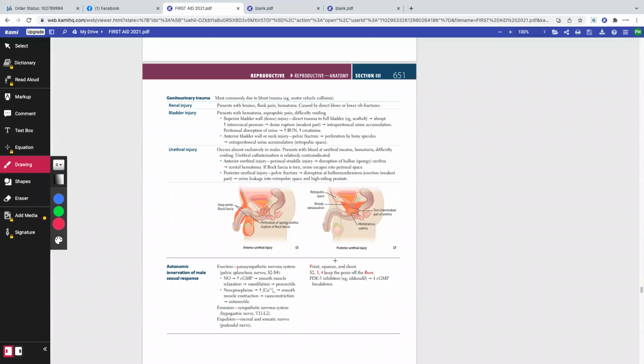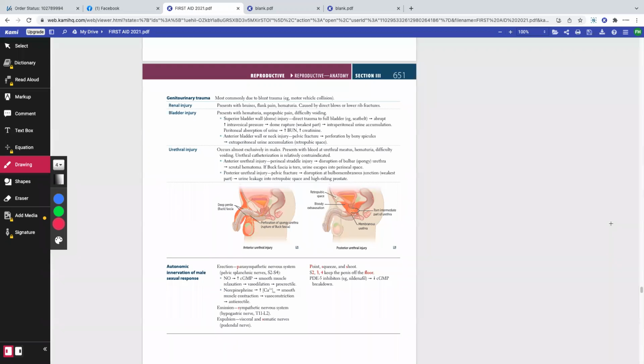What is the name of the ligament that will connect the ovaries laterally to the pelvic wall? What is the name of the ligament that will connect the ovaries medially to the uterine wall? What is the name of the ligament that will connect the cervix to the lateral wall? Very good.